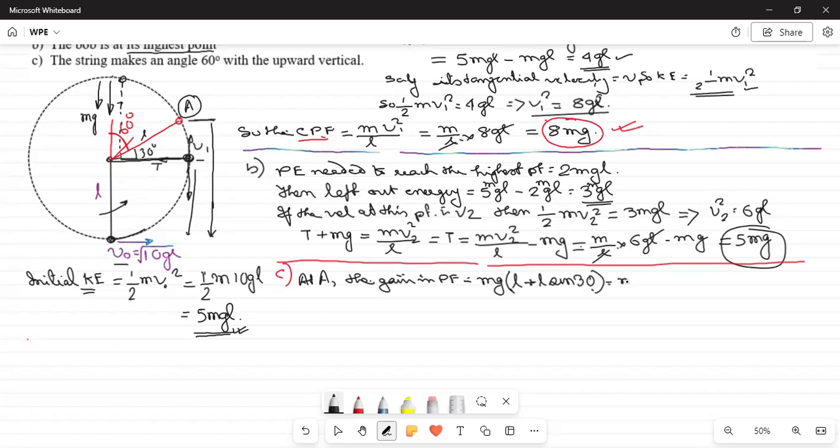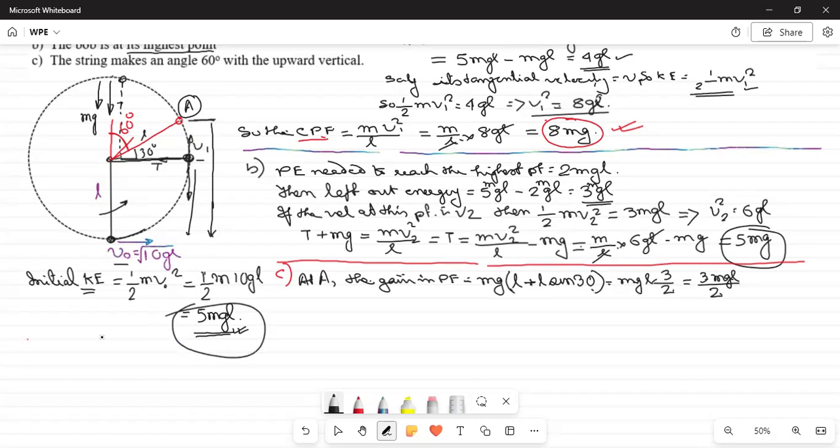This is equal to mg times L plus half L. So it is mgL multiplied by 3 by 2. We write rather this way, 3mgL by 2. This is the potential energy. Now, initially, it had an energy 5 mgL.